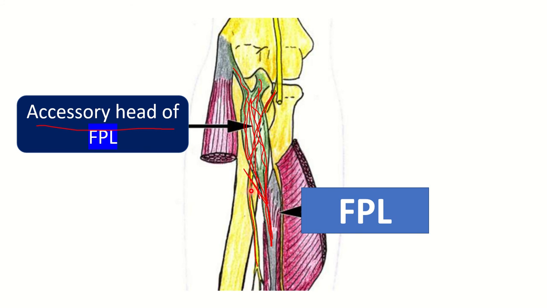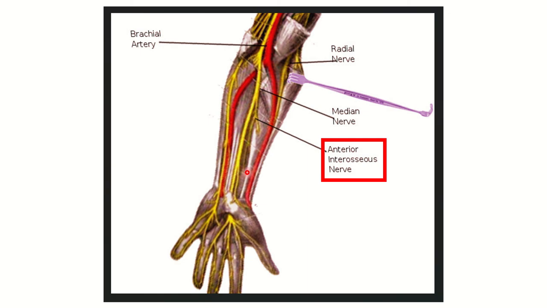This nerve is the anterior interosseous nerve, derived from the median nerve. So the branch of the median nerve, the anterior interosseous nerve, gets entrapped below the accessory head of flexor pollicis longus. In this picture we can see the anterior interosseous nerve, and the extra head compresses it.